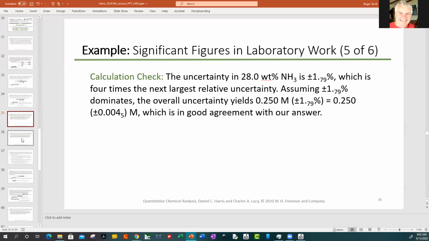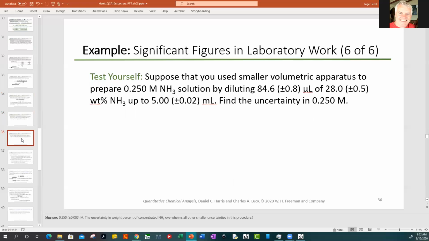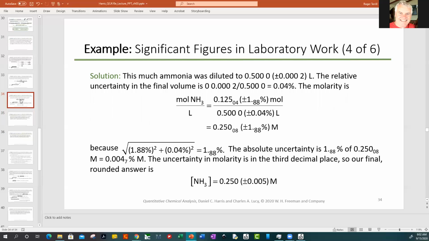Oh, I see. That's the answer there. So 36. It says 34. Make sure I got the right one here.